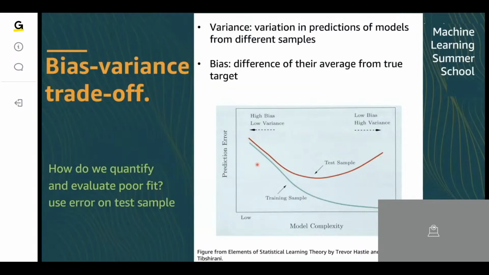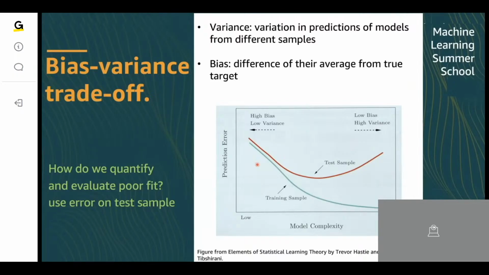Given any data set, you would split it into training sample and test sample. And these are distinct samples. So none of the records or instances from your test sample would appear in your training sample. They are distinct samples. And in training the model, which is in learning your model F star, you would only use the training sample.